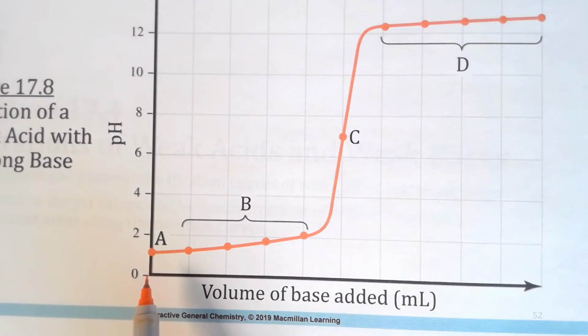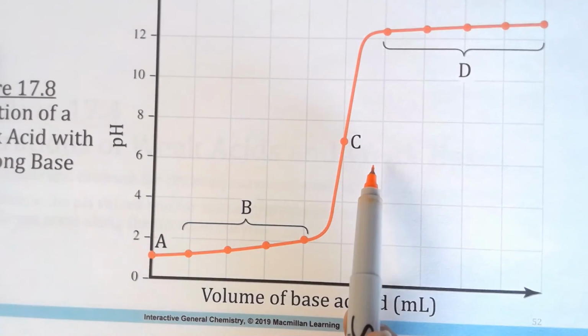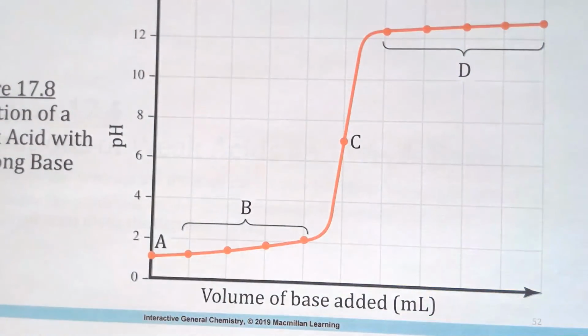Initial pH, and then a region before the equivalence point, what happens at the equivalence point, and what happens way past the equivalence point. So we're going to do calculations for each of these regions like we did for the first titration type.